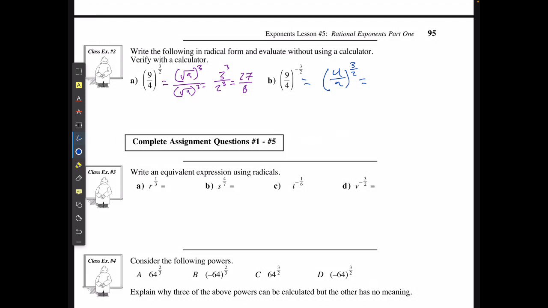And then I get the square root of 4 cubed over the square root of 9 cubed, or 2 cubed over 3 cubed, which is going to give me 8 over 27. When I had the negative exponent, it's the exact same as my positive one. It's just the answer is the reciprocal.